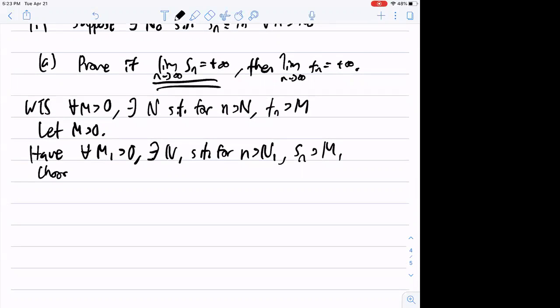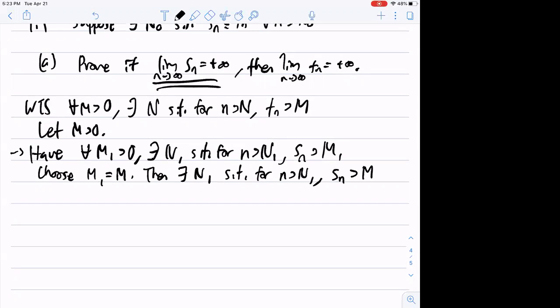I could choose m1 to be my m. Then from what I have, there exists n1 such that for n bigger than n1, Sn is bigger than m, because m1 is m. So now my goal is to find the N that works, right? So I'm gonna let N be n1.